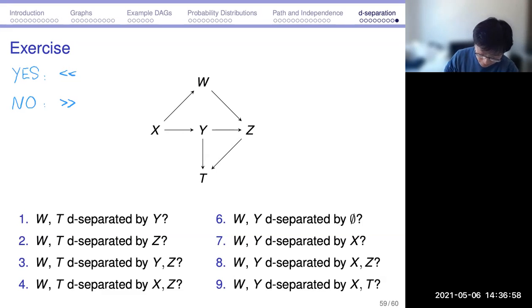So what I plan to do now is, are you able to click faster or slower in terms on Zoom? Okay, good, thank you. So let's first discuss question number 6. If you think the answer is yes, you click slower. If you think the answer is no, you click faster.